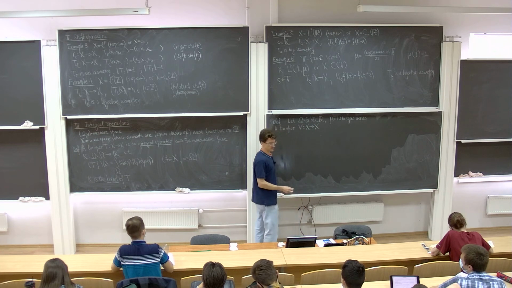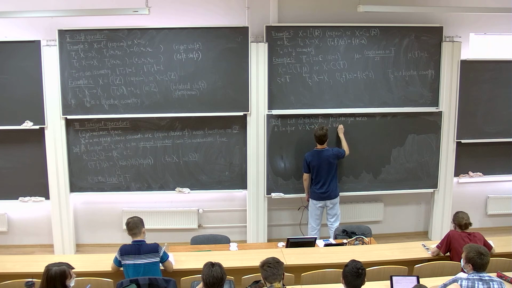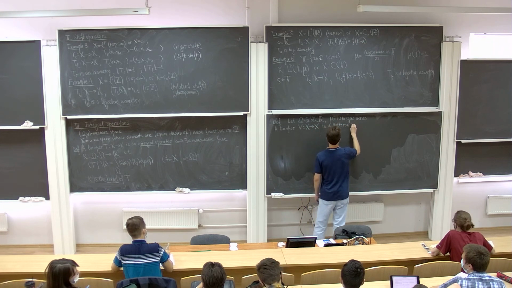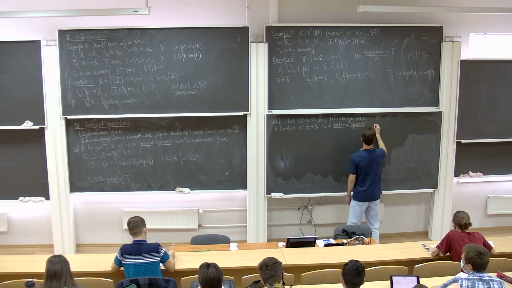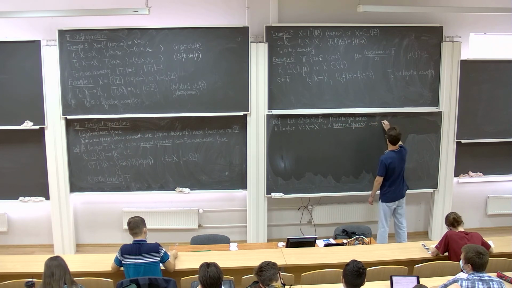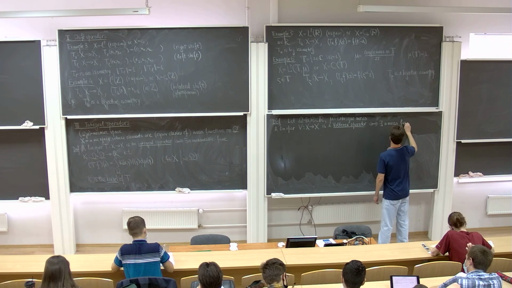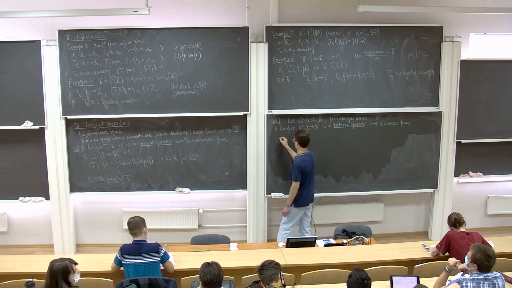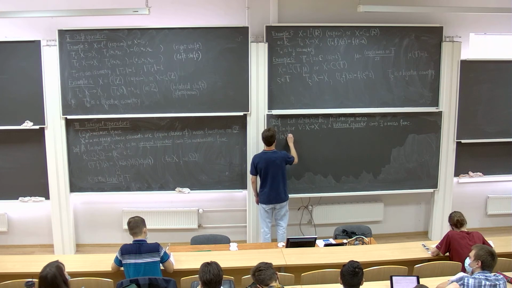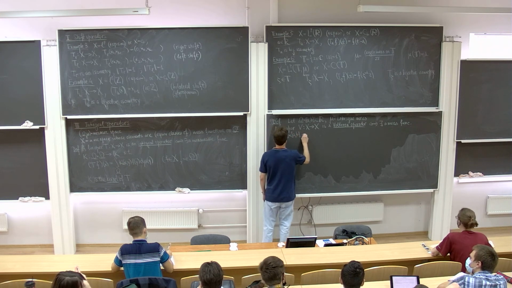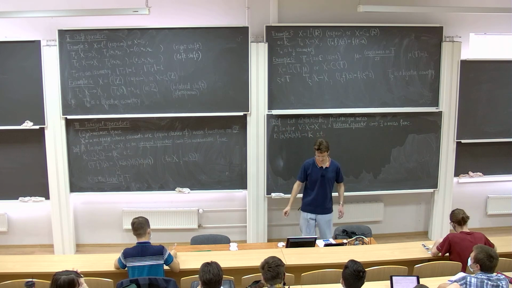We say that V is a Volterra operator if there exists a measurable function K on the square such that V acts as follows.